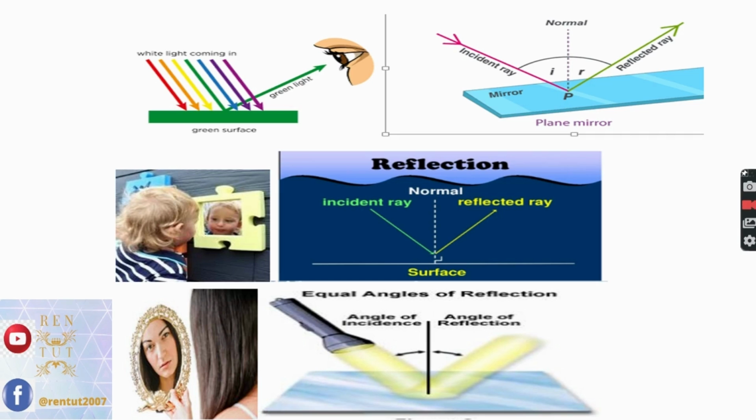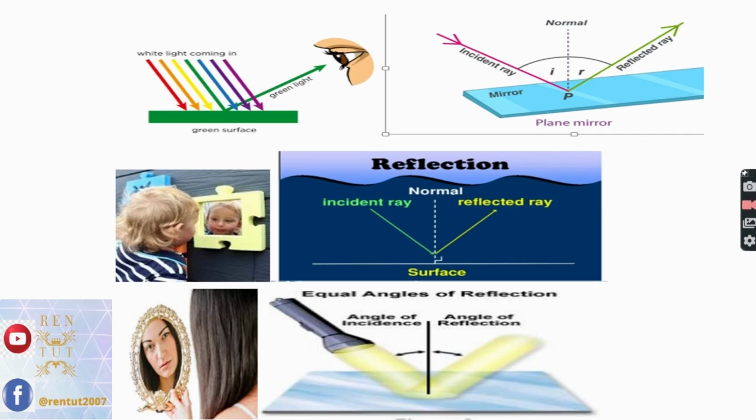You can see above this picture there is a kid looking at a mirror and he's seeing his face in the mirror. Okay, so the light ray hits the surface and reflects back as the reflected ray.